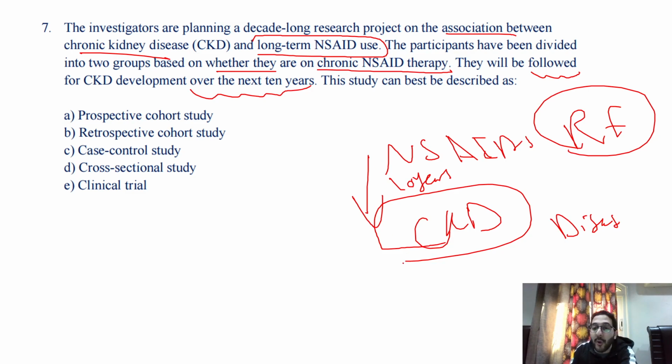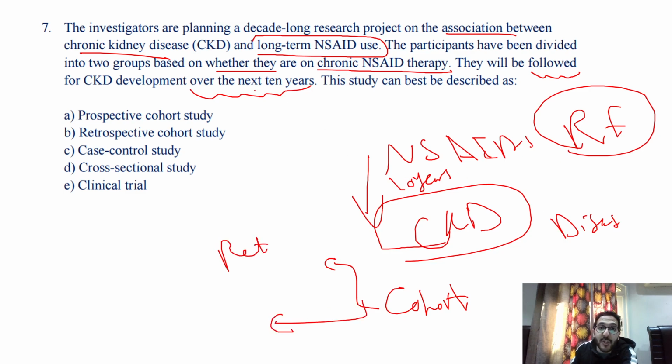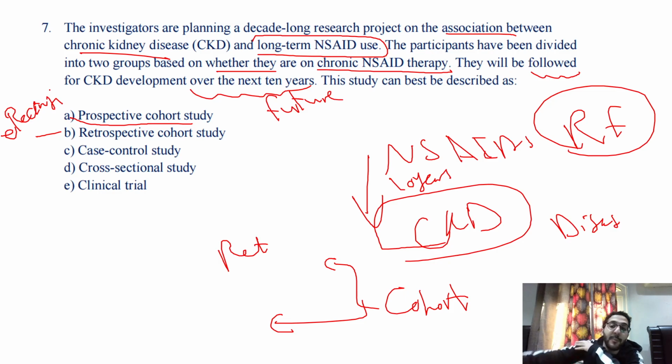Yeah, it's all about cohort. But we have two kinds: retrospective or prospective. Here you're moving to the future for the next 10 years, so this seems like a prospective cohort. If it was retrospective, it would start with the electronic records of these patients in the past, and then follow them until the present.